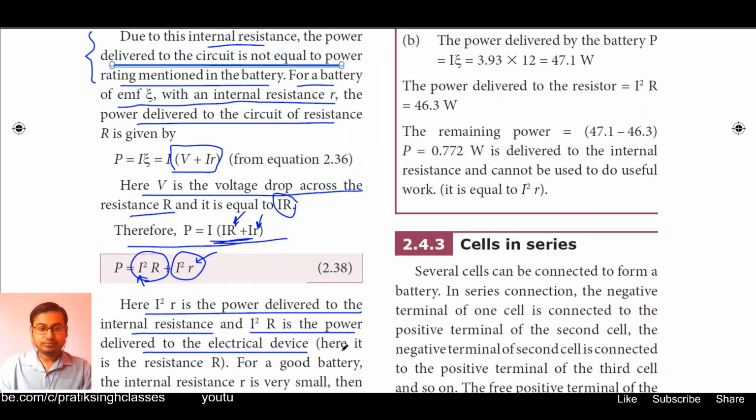Here the load is the resistance capital R. For a good battery, the internal resistance small r should be as small as possible. In that situation we can get the optimal use of the battery, and the optimal power generated will be given to the circuit.